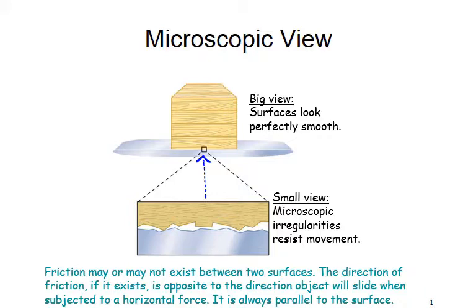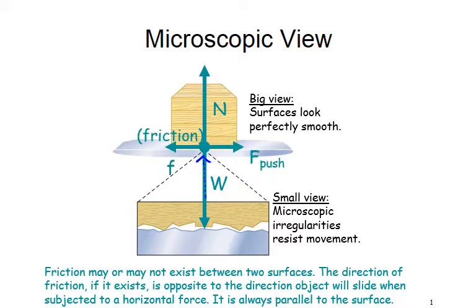And so the direction of friction is always opposite of the movement. So we have the normal force, we have the force of gravity or the weight, and if we're pushing it to the right, the friction is going to be acting towards the left and opposing the push.